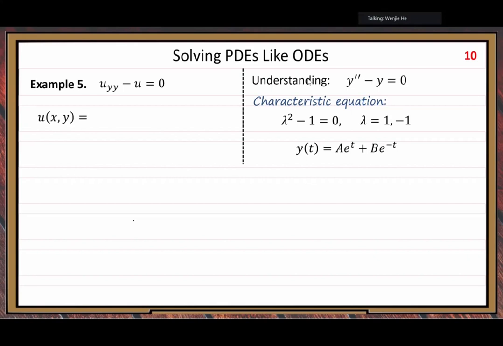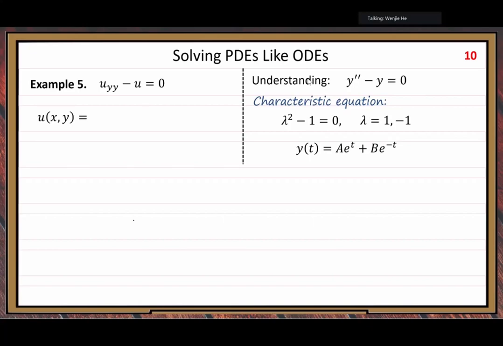Then, because you can write the solution of this ordinary equation, when we move here, we need to do an adaptation, because this is the two variable case. So we need to write this equation containing both an x variable and a y variable.